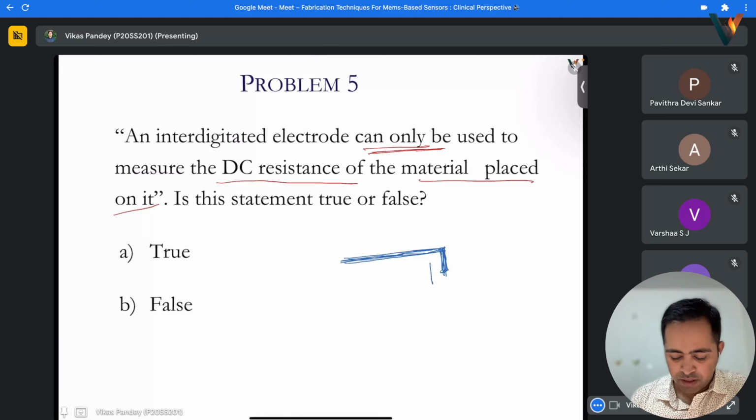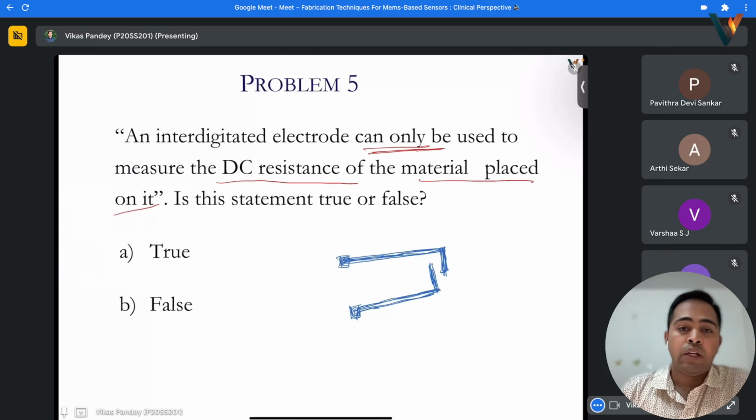Let's first understand only with one finger, one digit. This is a metal. This is another metal. This is a simple interdigitated electrode, and if we make it a bit more complex, it will have more fingers.